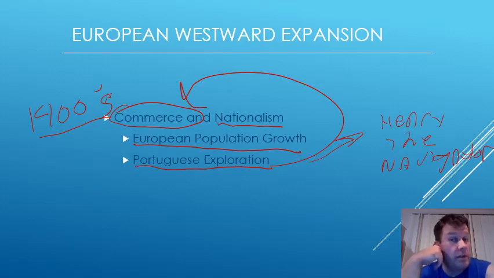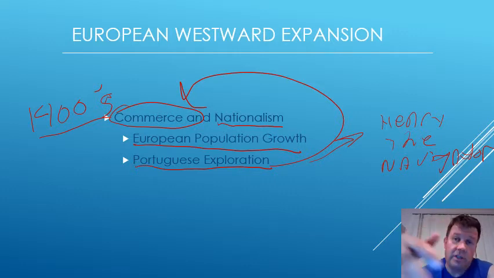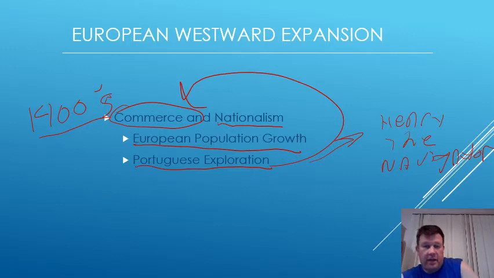At this point, much of the world, the European world, still believes that the earth is flat. Henry the Navigator wants to establish this trade route to get involved with the spice trade in India, and also look for new lands and places to expand into. Okay, so the Portuguese managed to do this.